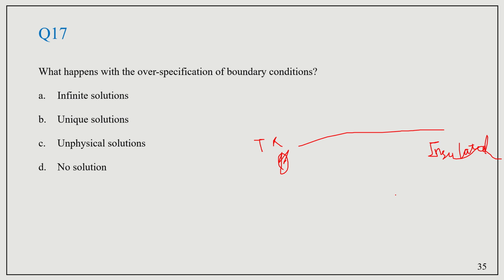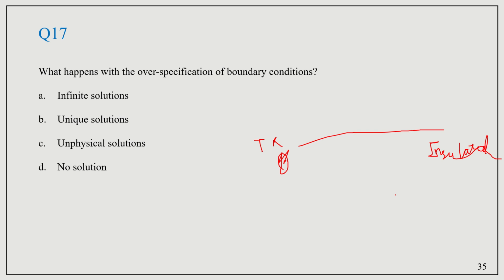First of all, it won't be possible to choose that. Imagine it cannot go ahead with two boundary conditions, right? Over specification of boundary condition is therefore not possible when we are using commercial solvers.